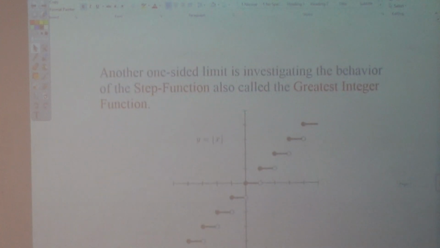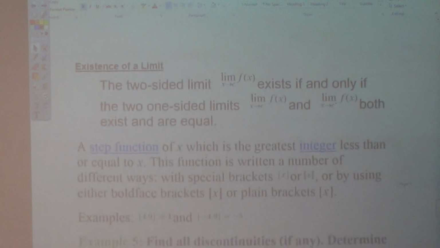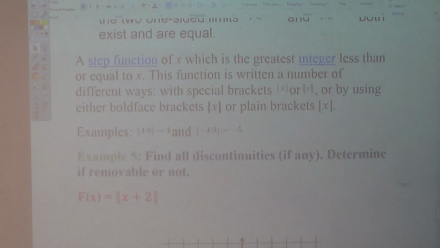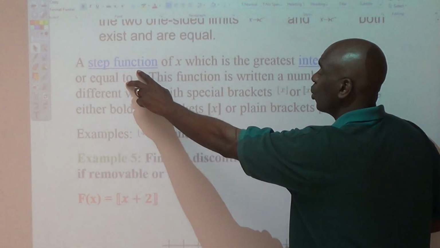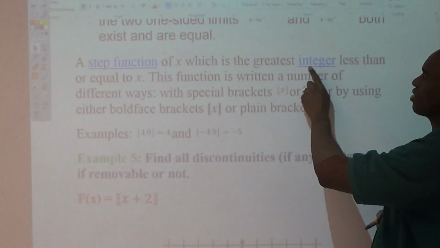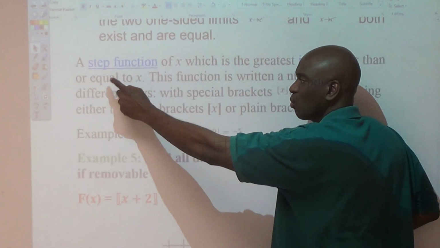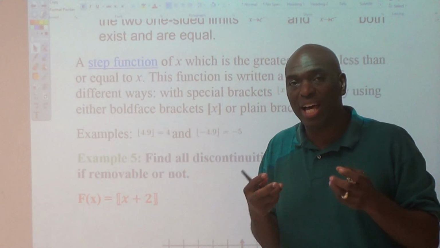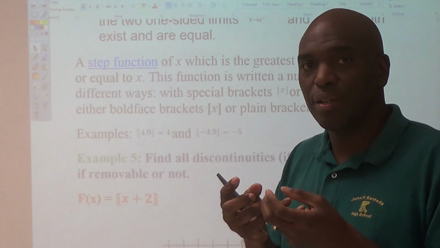Well, it's called the greatest integer function because we want the values of x, which is the greatest integer, less than or equal to x. So it's the value of x that is less than or equal to x.